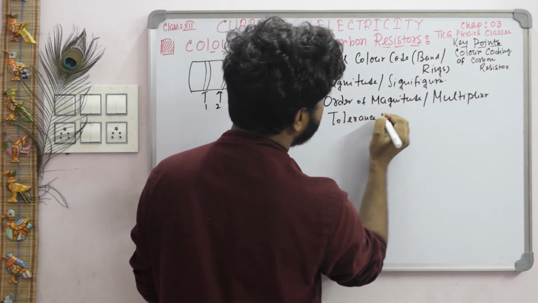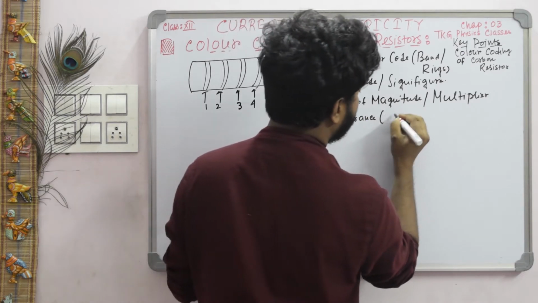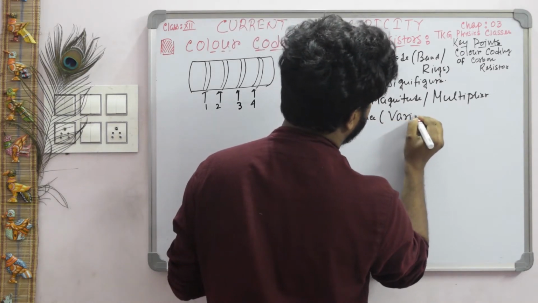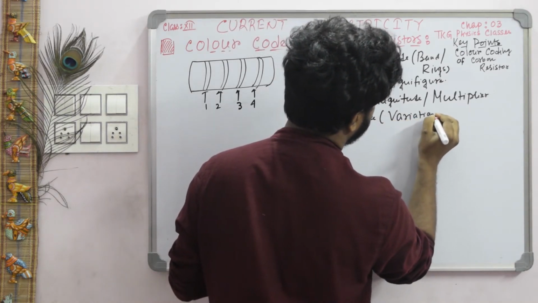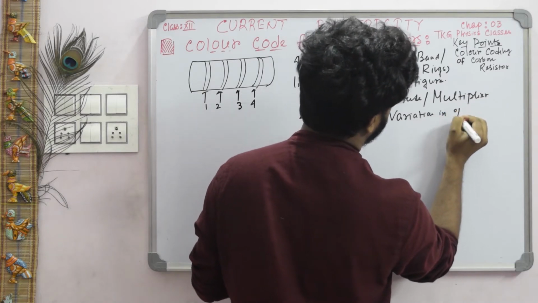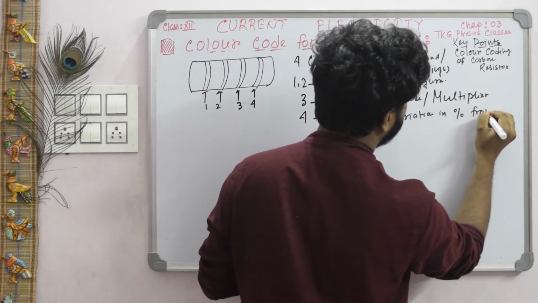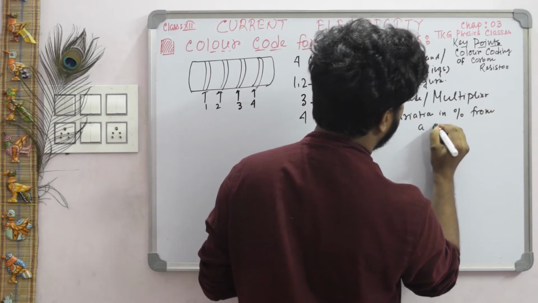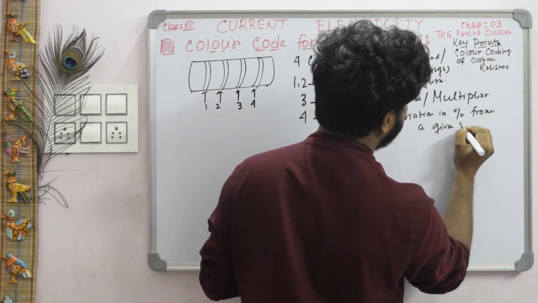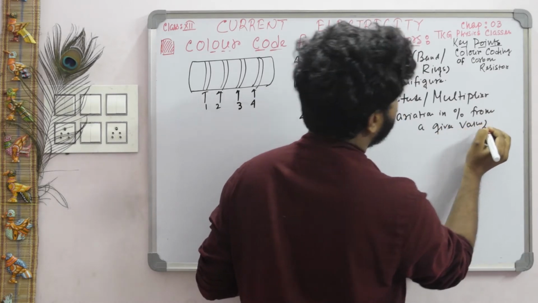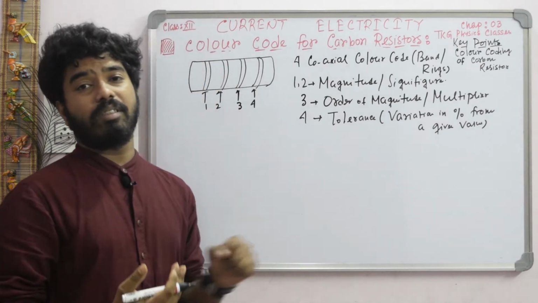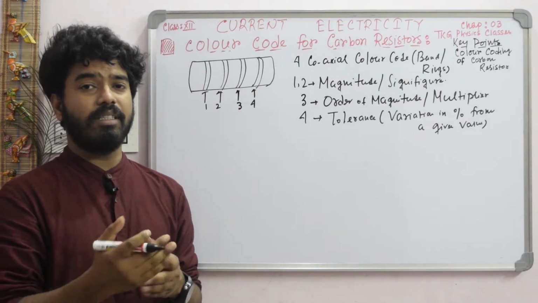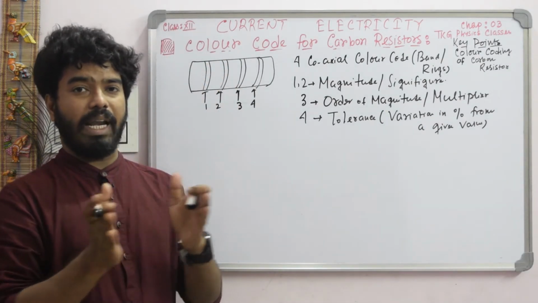What is tolerance? Tolerance means the variation in percentage from a given value. That means this is the range, you can say, for measuring resistance from a fixed value to a range.